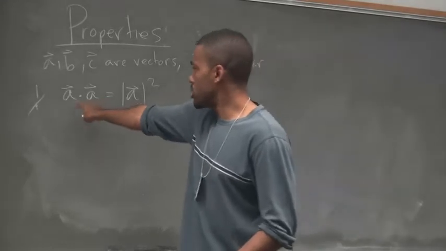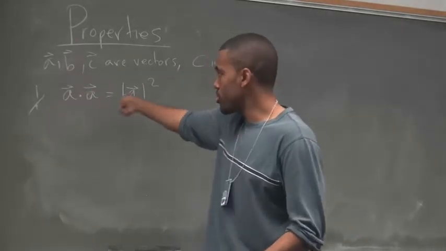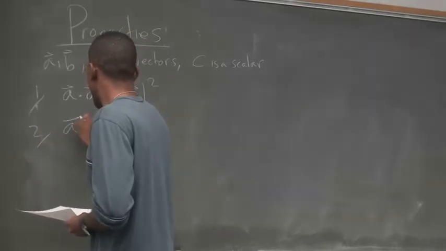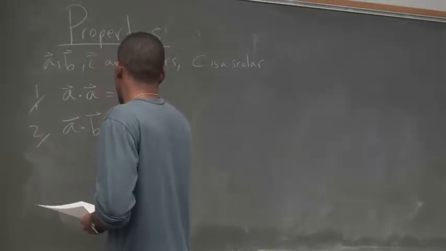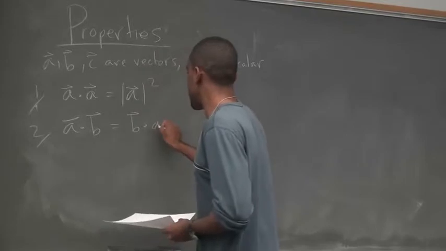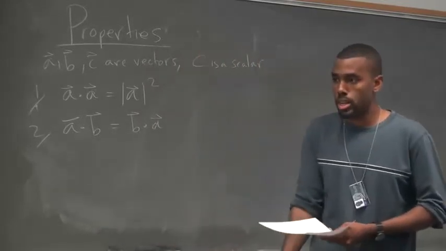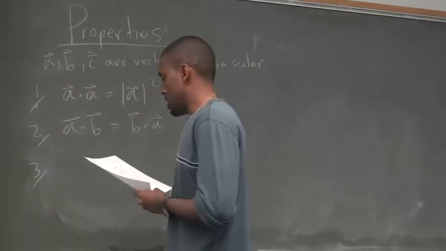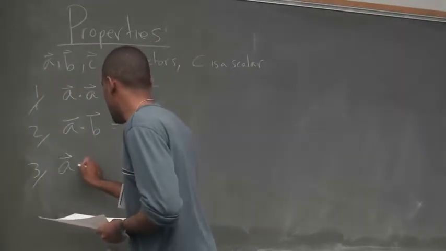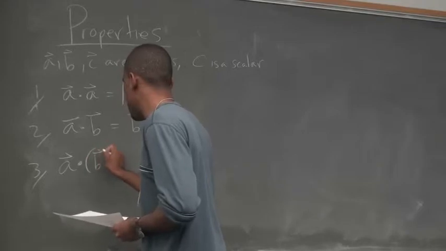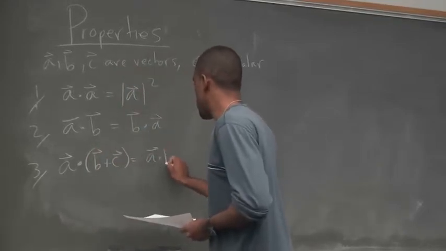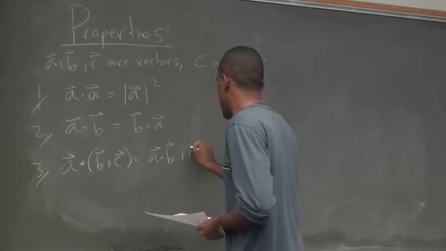And again, just do the definition with A1, A2, and so on, and you will realize that you have that formula. The dot product is commutative, so it doesn't matter which one you take first. You will get the same scalar as a result. It also has the distributive property, so A dot B plus C is equal to A dot B plus A dot C.